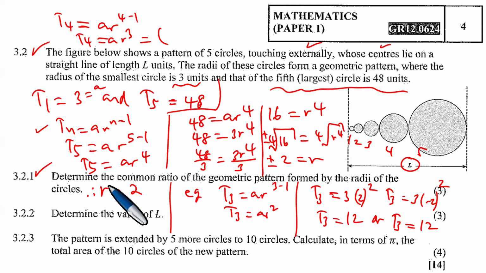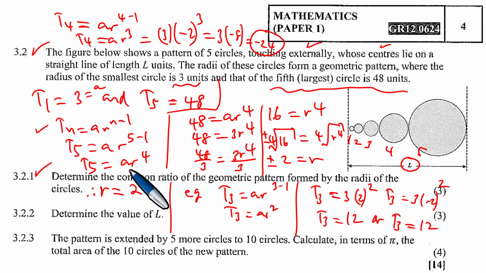We have seen that the first term is 3, so A is 3. I'm looking at the student who's going to argue that the common ratio can be minus 2 here. And therefore, this is going to be minus 2 cubed, which is minus 8 by 3. Minus 2 cubed is actually minus 8, and if you multiply, this is minus 24, which is itself a negative.